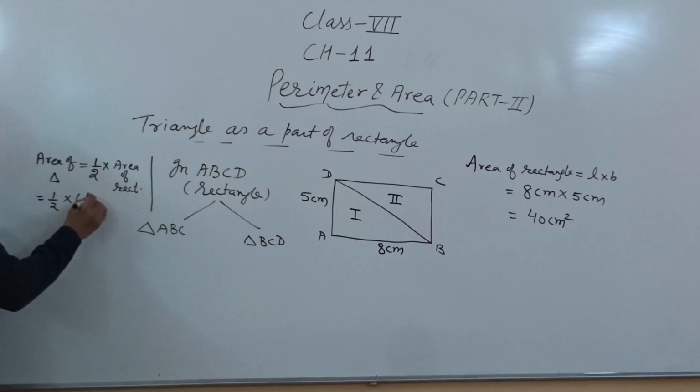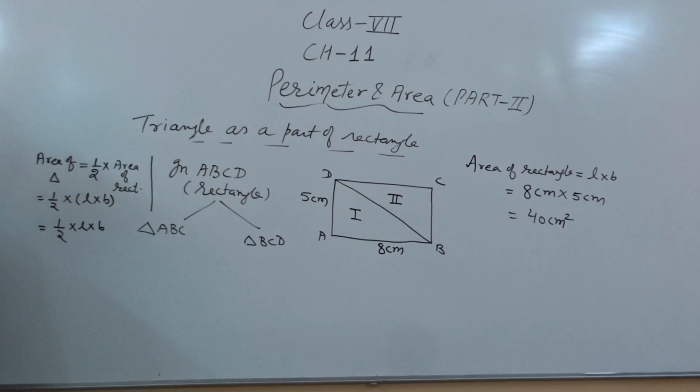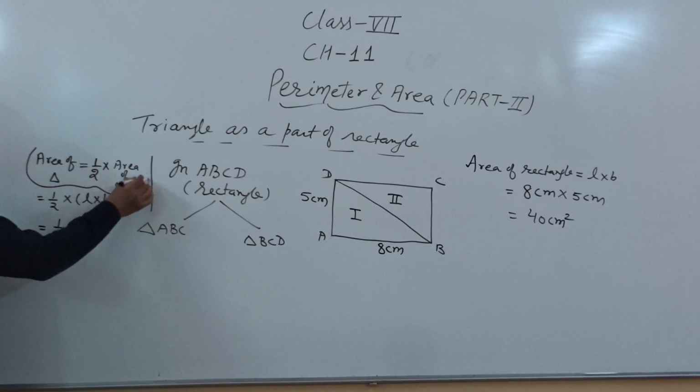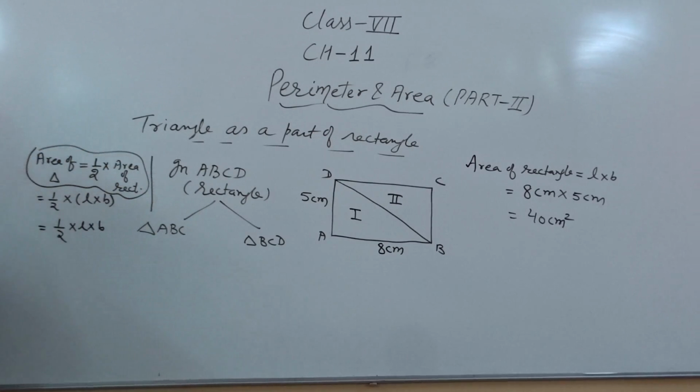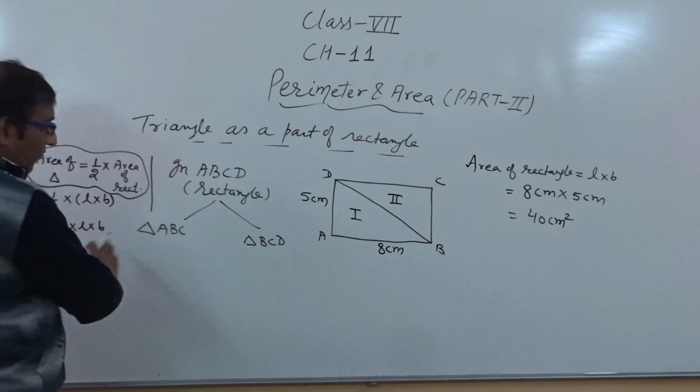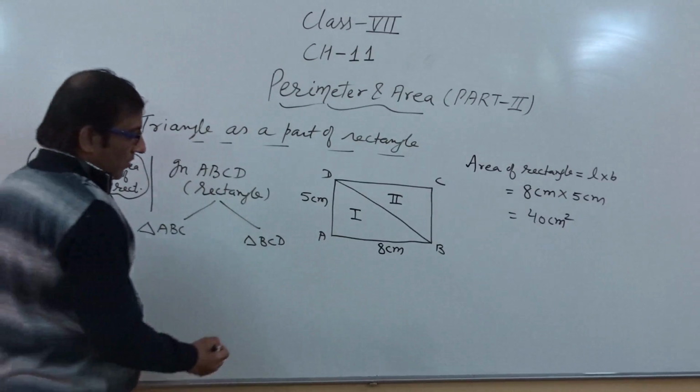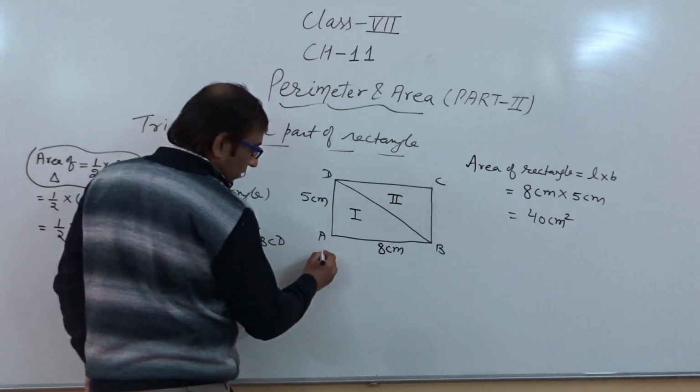That is length into breadth. So area of triangle is half into length into breadth, as per this equation.